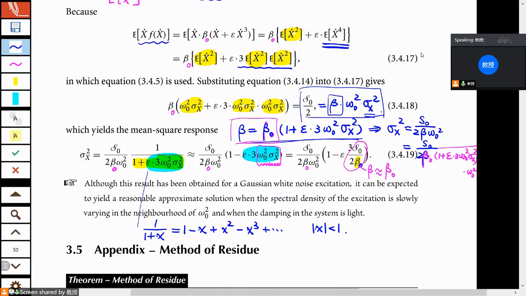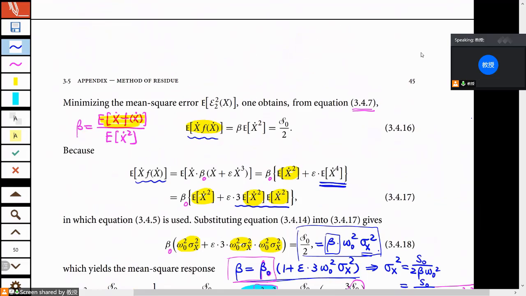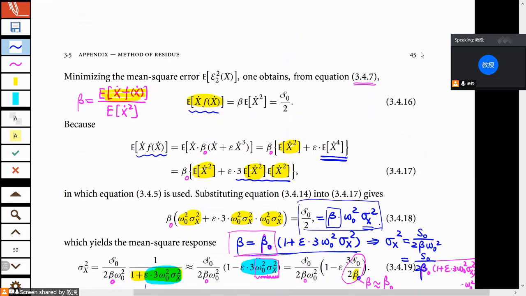S0 is the power spectral density of the white noise, and beta 0 is the original damping coefficient. Just be careful when you perform the analysis, because we are dealing with a small parameter epsilon.